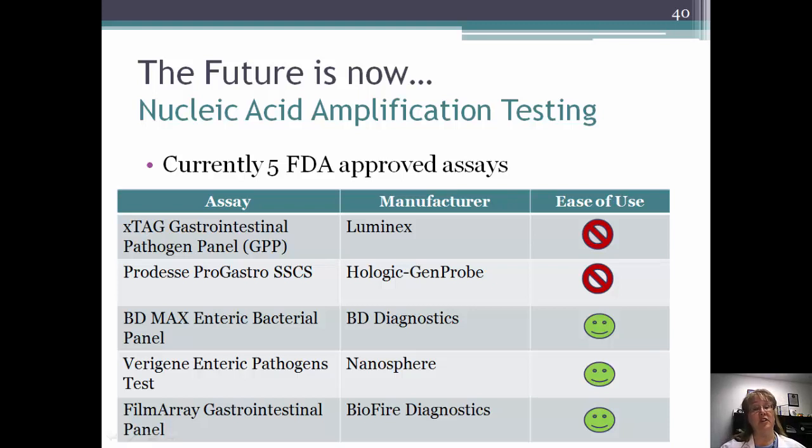And right now, pretty much the Luminex assay and the Hologic assay would have to be performed in a molecular laboratory and would not be able to be performed potentially by everybody. Whereas the BD Max assay, the Nanosphere Verigene assay, and the BioFire FilmArray assay are ones that could be performed by essentially all shifts of technologists in your laboratory.